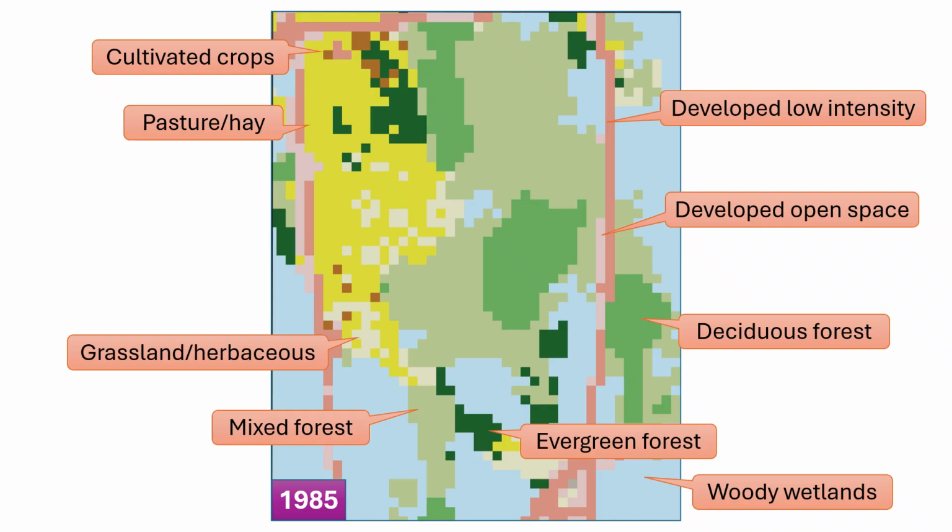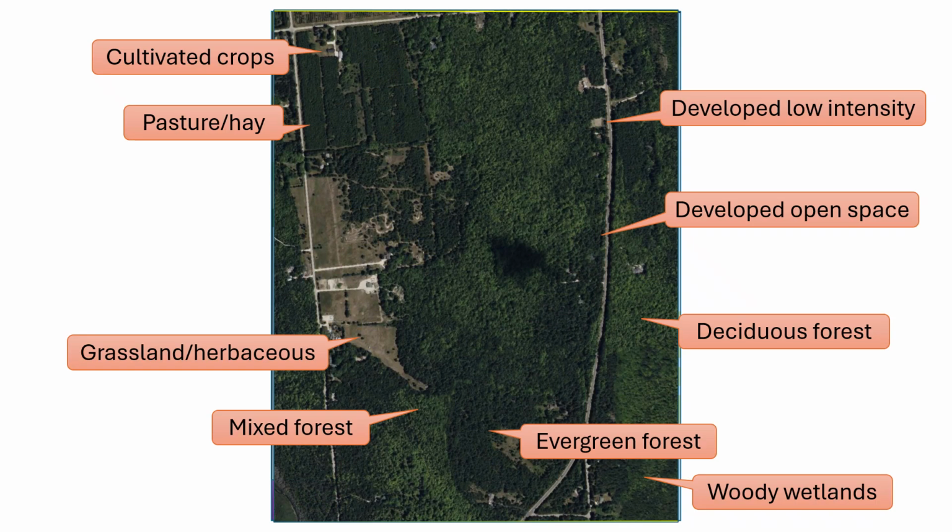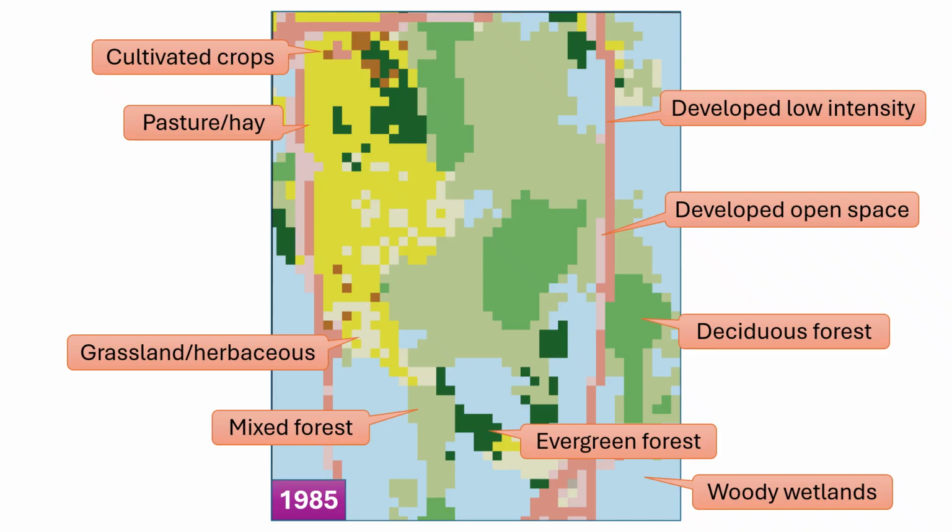So, using these designations, this is what our zoomed in map is showing us about land cover in our region of interest. The region appears to be mostly mixed forest, deciduous forest, pasture and hay, and woody wetlands.